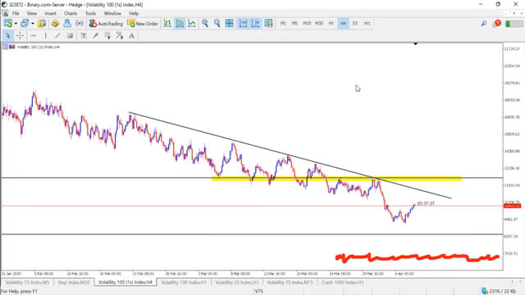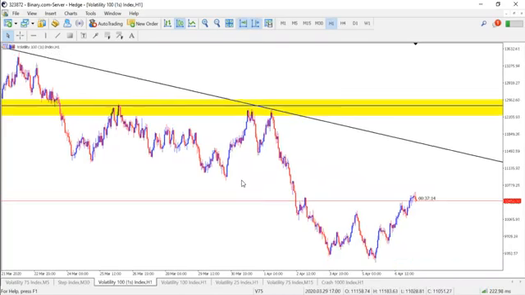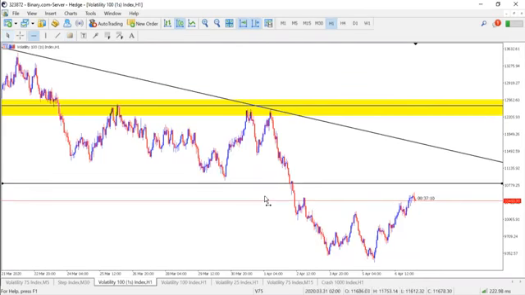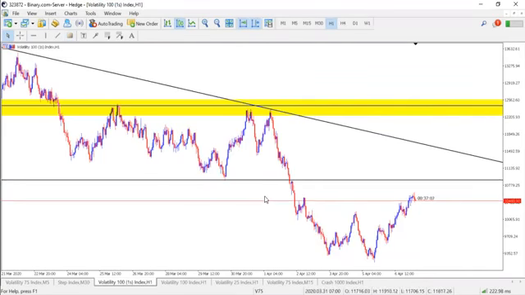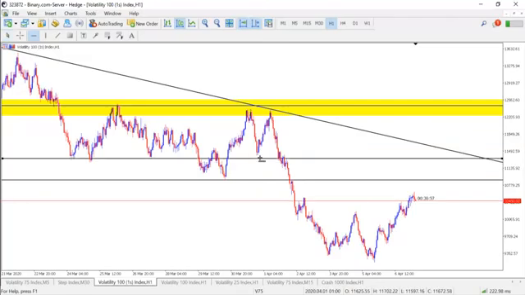So we're gonna go to the next lower time frame, which is the 1-hour time frame, right? From this 1-hour time frame right now, we need to identify structure again, right? So price reversed around this level here, but as we look at the market in depth, we can see that price has been supported around this level here.